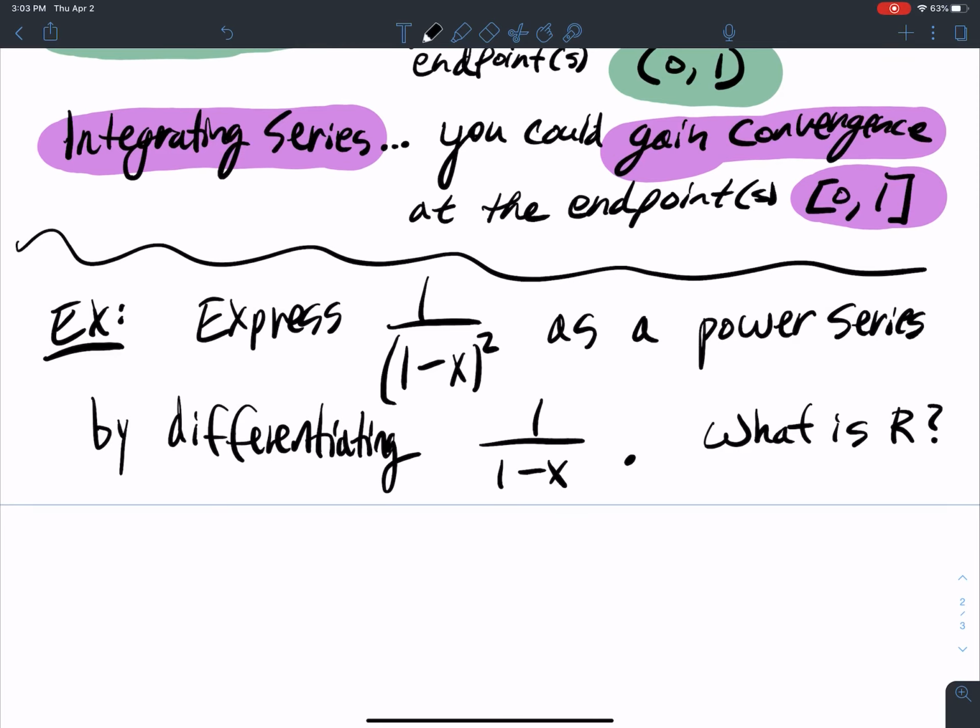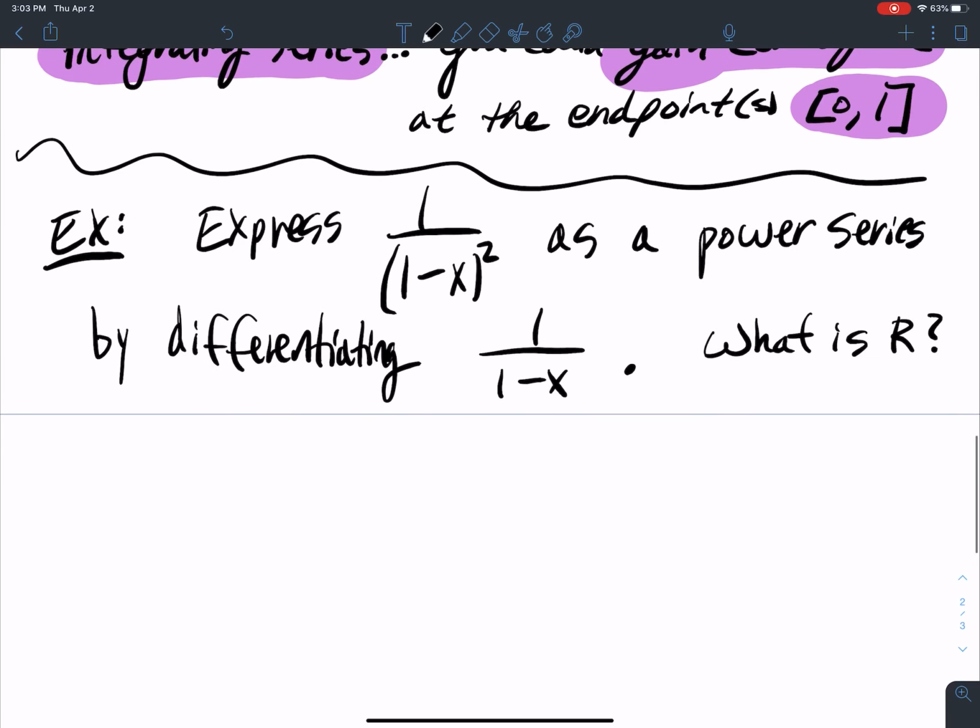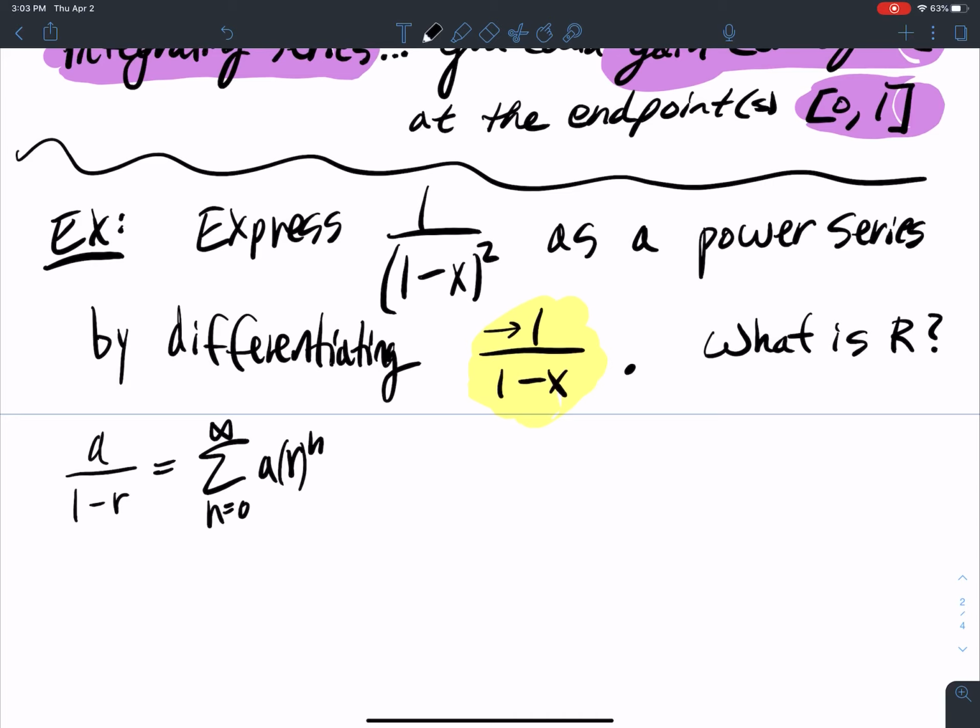All right, so what do we know about 1 minus x in the denominator? This thing right here looks very much like your a over 1 minus r, which is your geometric series, the sum from n equals 0 to infinity of a r to the n. But instead of a, we have 1, so we have 1 over 1 minus x.